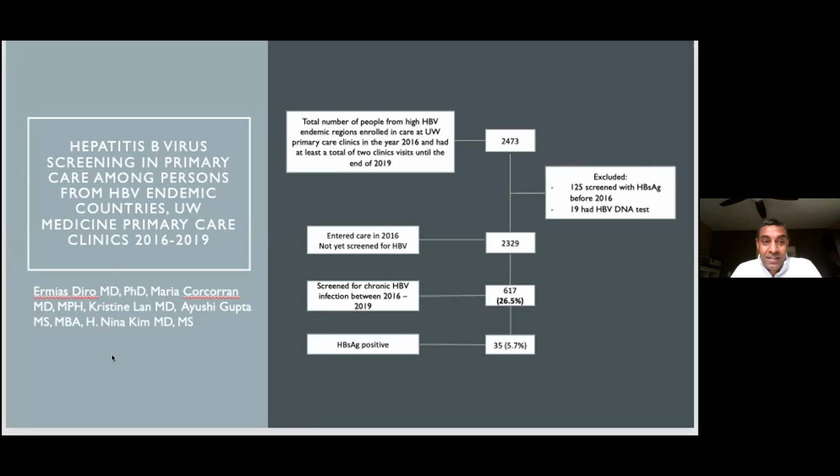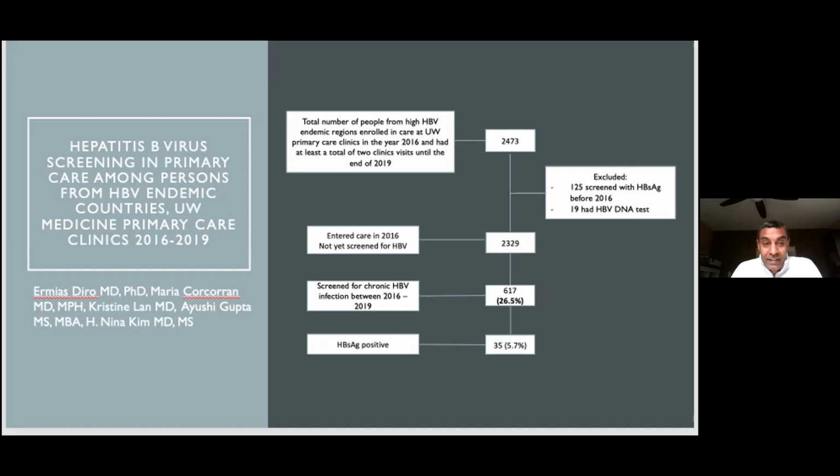So we assessed the adherence to the CDC recommendation for screening hepatitis B among non-US born individuals, or people coming from intermediate and high prevalence areas. As you know, CDC revised the recommendation and lowered the cutoff from 8% to 2% in 2008. Our study is a retrospective cohort analysis of the electronic medical record system from all UW healthcare primary care clinics.